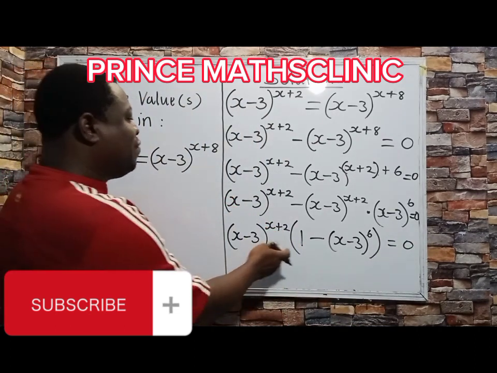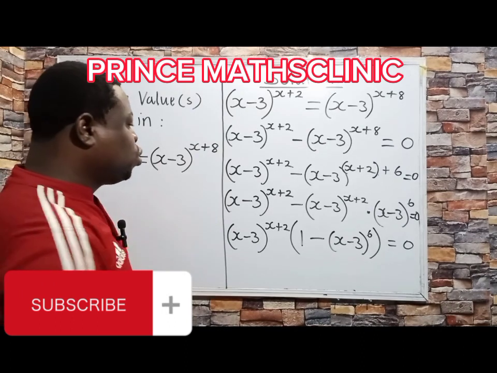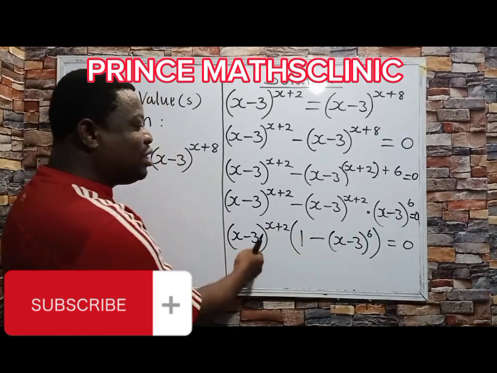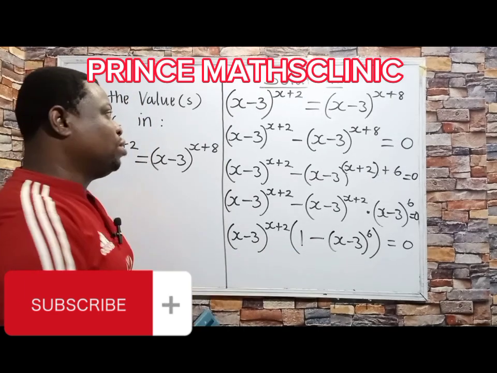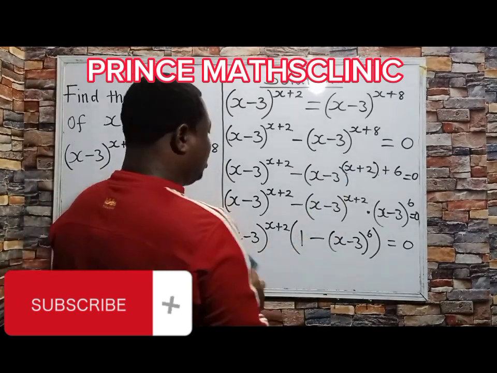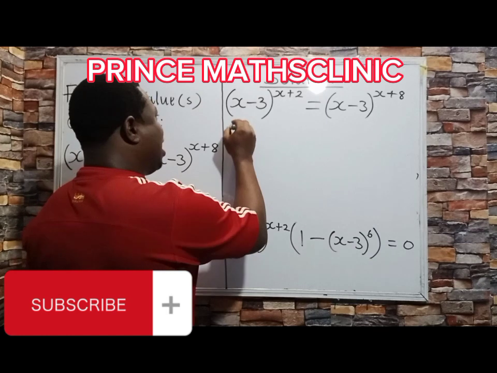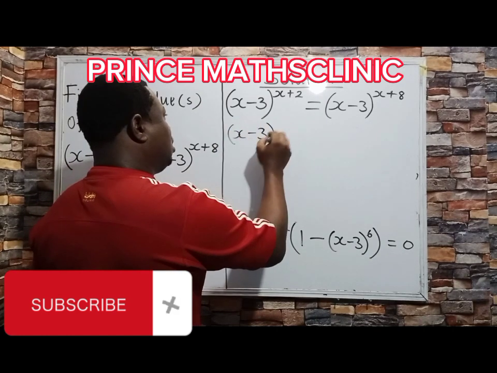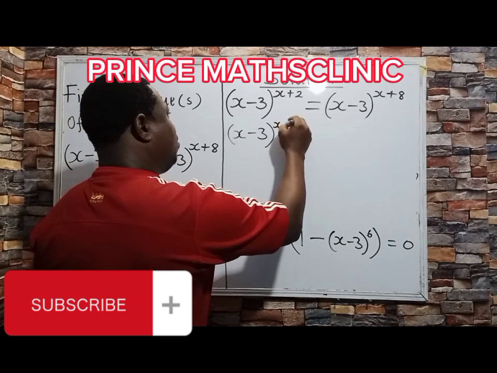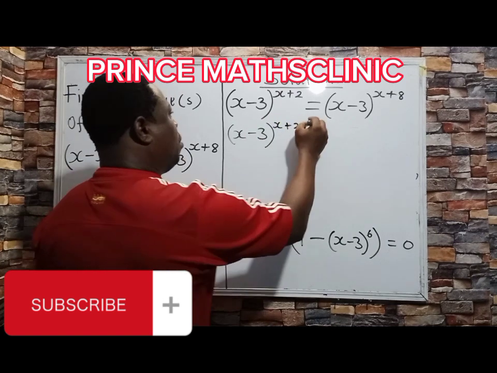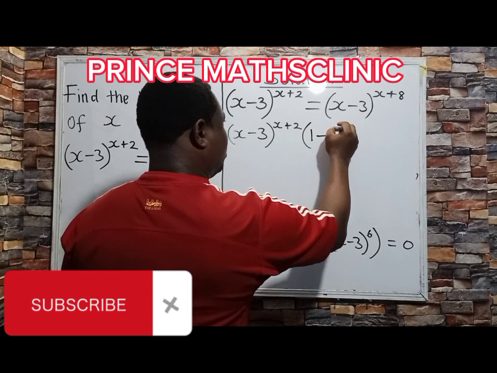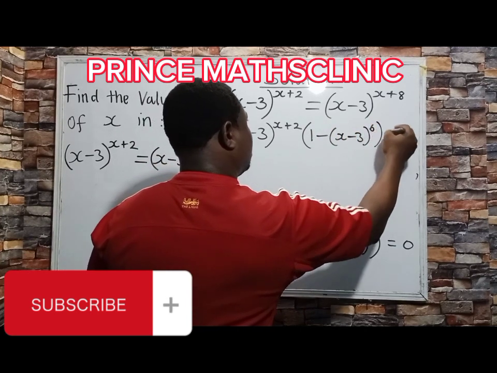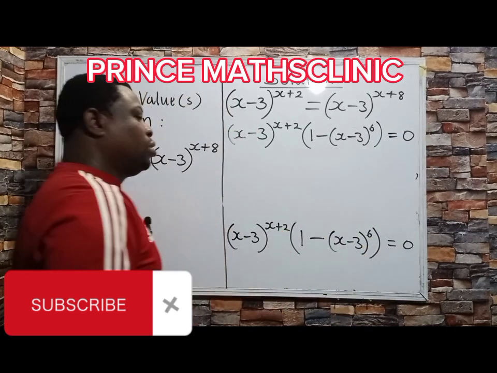Now, with what I have here, when you have two products multiplying themselves to give you 0, it means any of them is equal to 0. So from this stage, I have (x − 3) to the power of (x + 2) multiplied by [1 − (x − 3) to the power of 6] equal to 0.